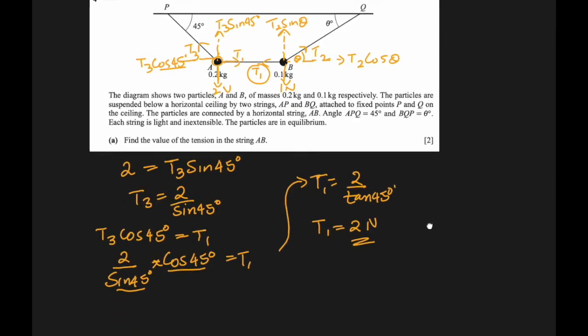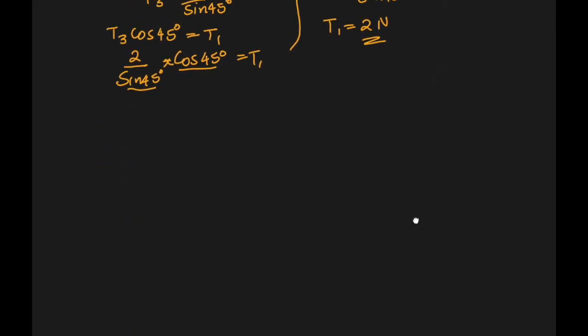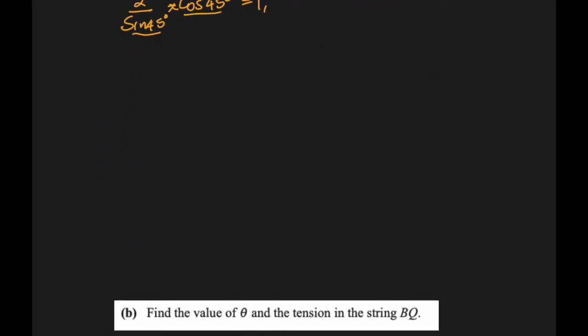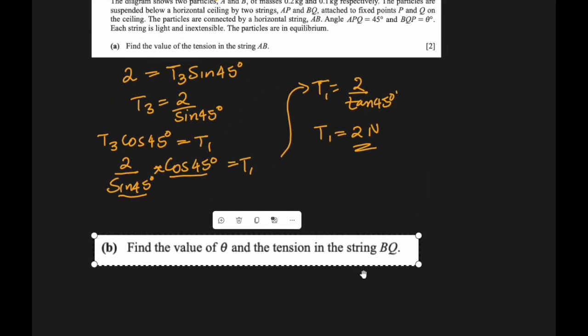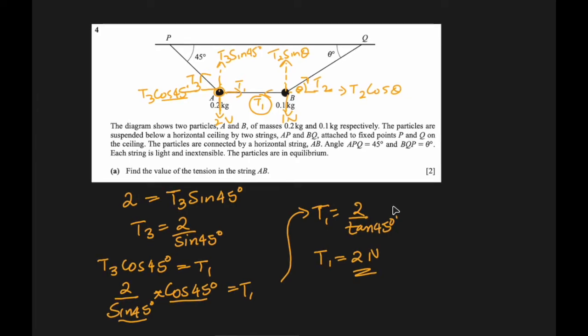Let's go to the second part. B. Find the value of theta and the tension in BQ. So we want to find the angle theta and the tension in BQ. Now we know the tension is 2 newtons in this one. So let me complete that part here.